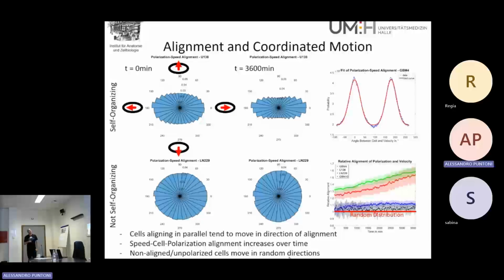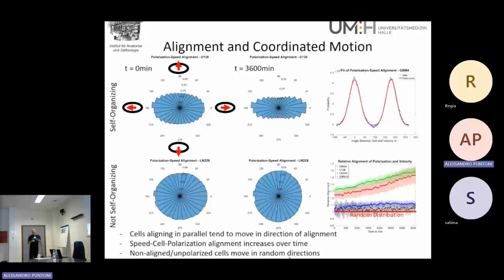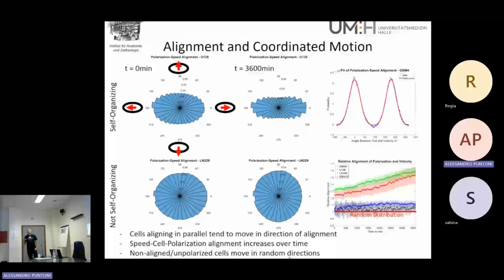We can clearly see for our self-organizing cell lines, as a function of time and also of cell density, that the alignment between velocities, the movement direction of the cells, and their orientation increases and is way higher than expected for a random distribution. We do not see huge changes over time for our apparently less organized cell lines. We reason that this alignment may indeed be associated with the migratory escape from high cell densities in our system.